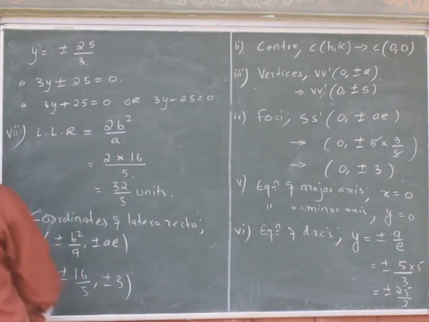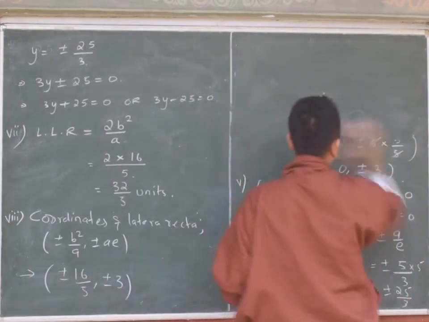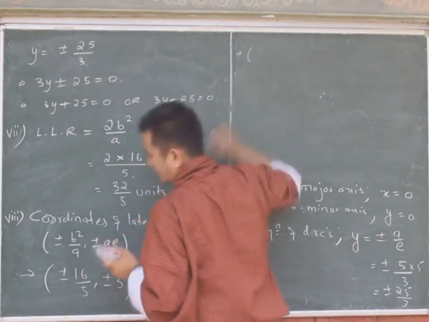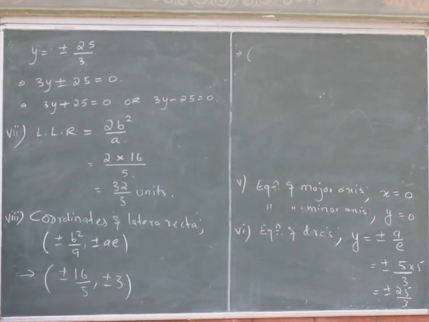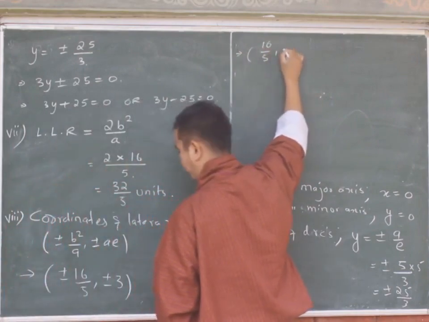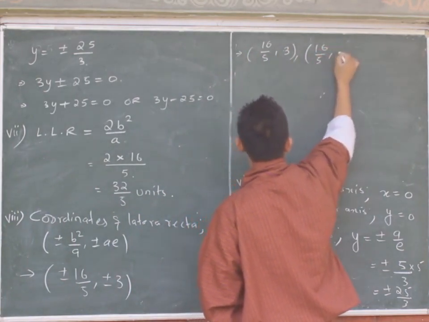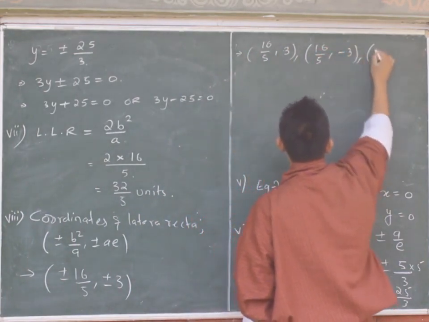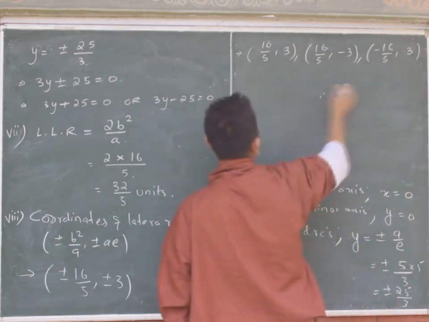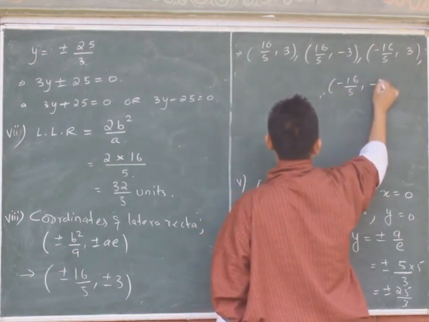Or you can write this one as, please split it now as we did: one positive value 16 by 5 comma one positive value, then one positive value comma one negative value, then one negative value and one positive value comma, then the last one is one negative value comma negative value.